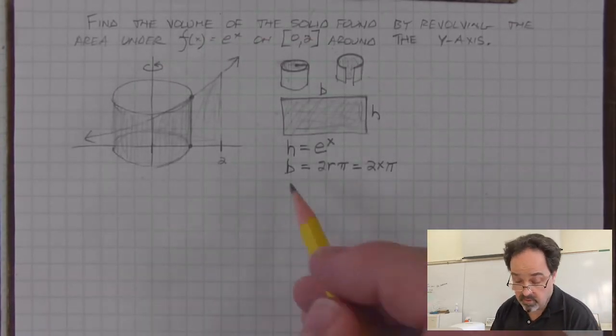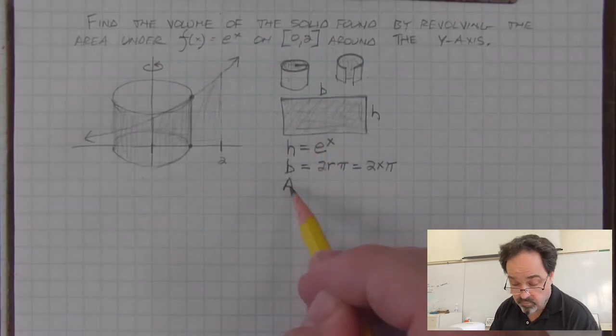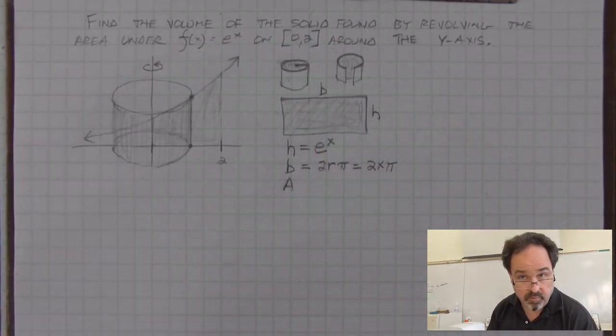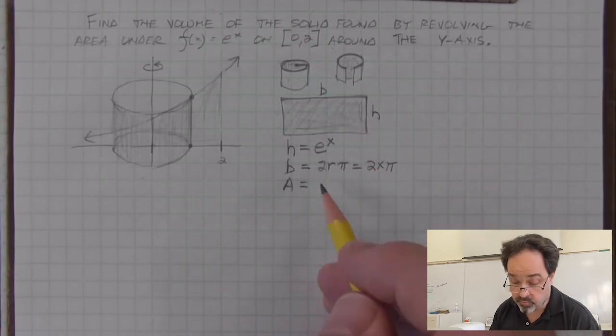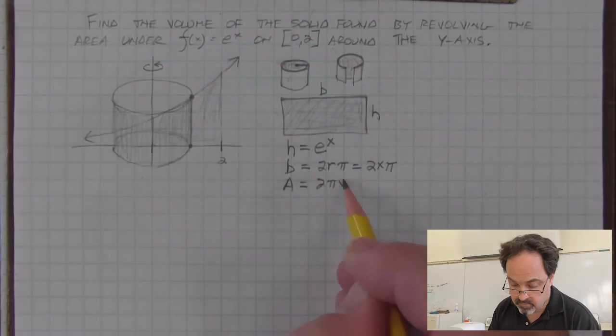The area then of this shell, which is a rectangle that's curled up, is equal to base times height, or in terms of x, 2 pi x times the height, which is e to the x.